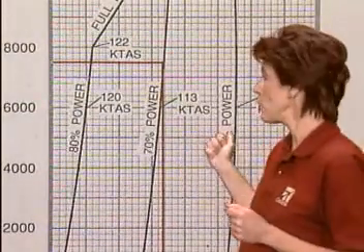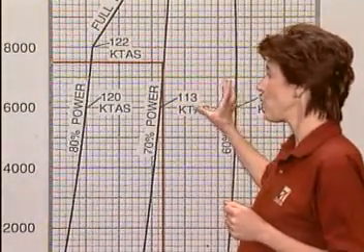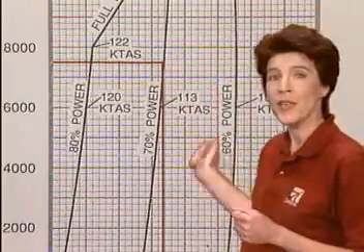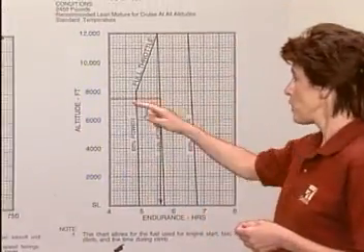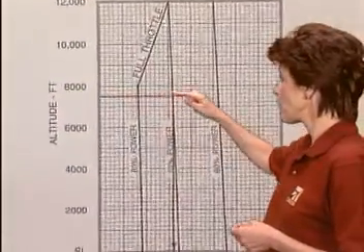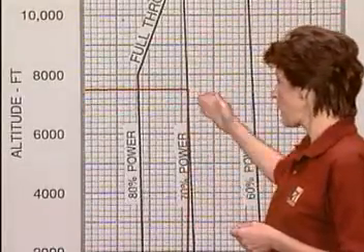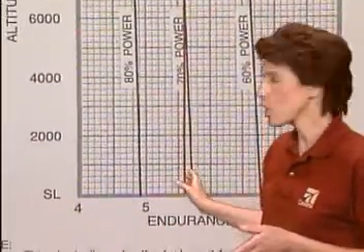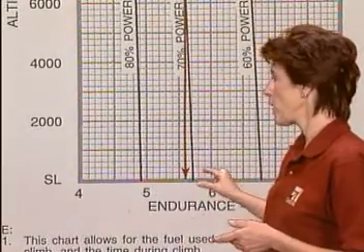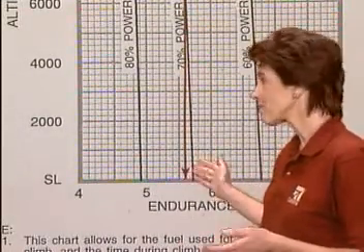You can also see that you should expect to enjoy a true airspeed in excess of 113 knots. Basically now, to find out how long it's going to take you, you do the same thing on chart 5-10. You enter the chart at the 7,500 foot line, find the 70% power line, and drop down to the bottom of the chart and read 5.6 hours.